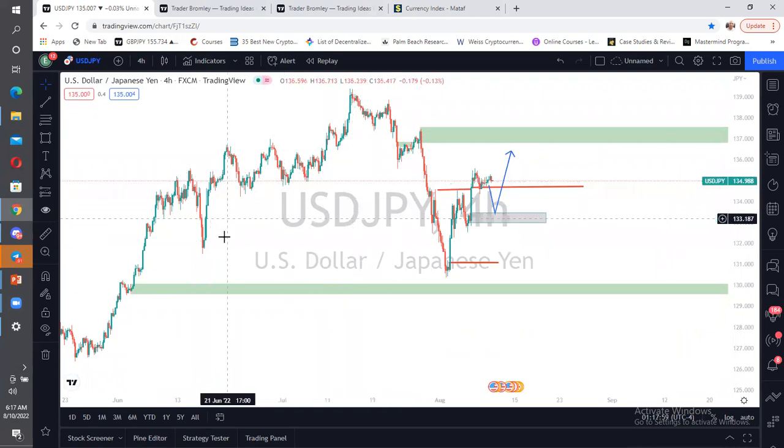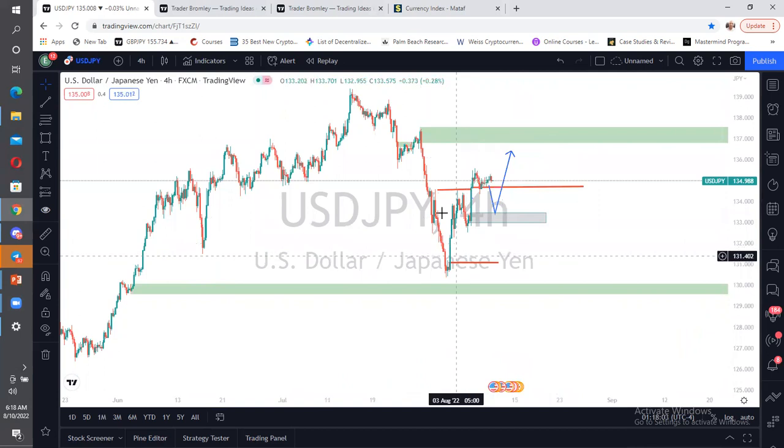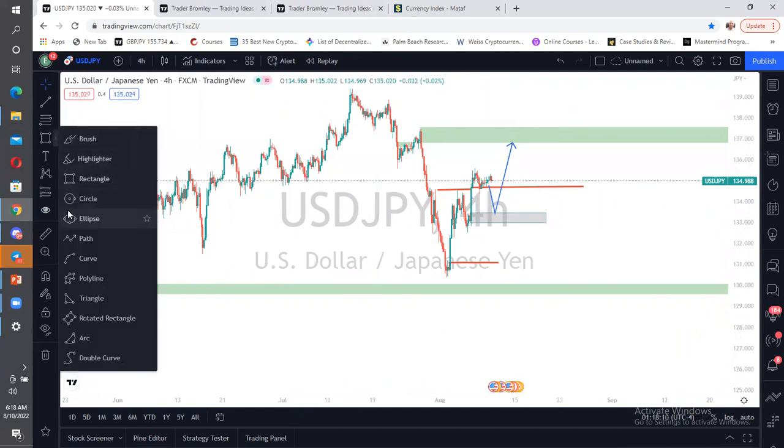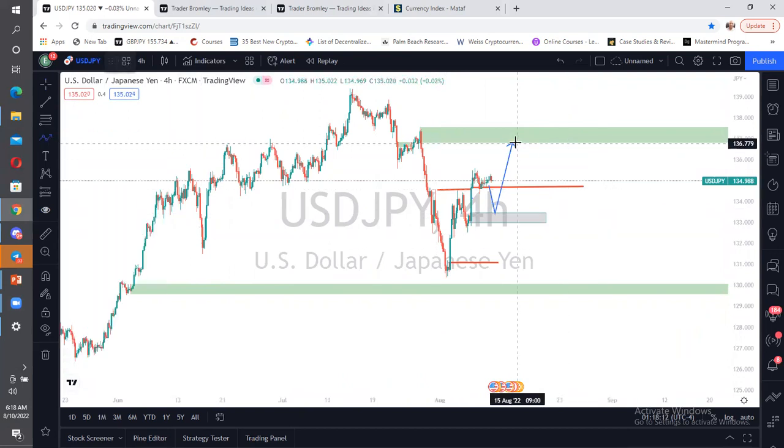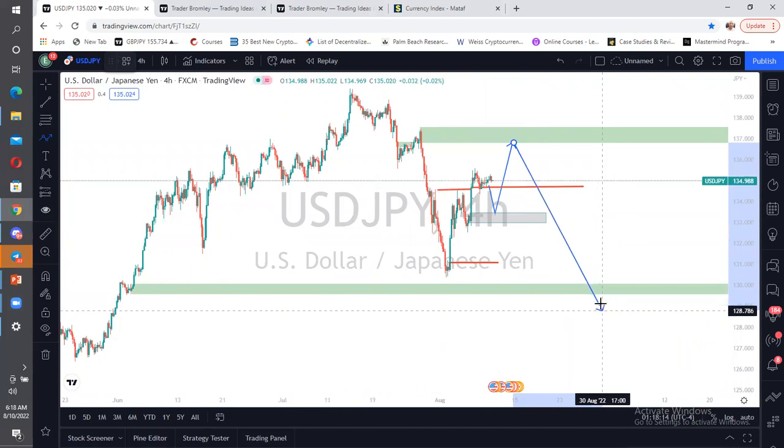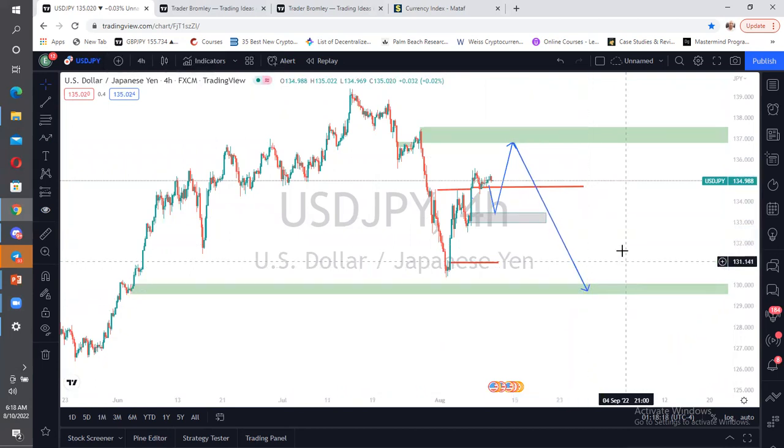This is a change of character. Of course, we know this market has reversed. Now this is a kind of pullback to this zone again. Once this pullback has been achieved to this zone, what we expect from here now is to take this trade to the downside. That is what we expect from this particular pair.